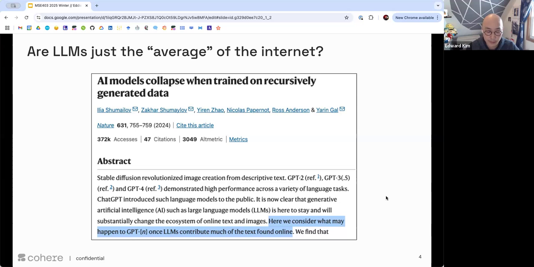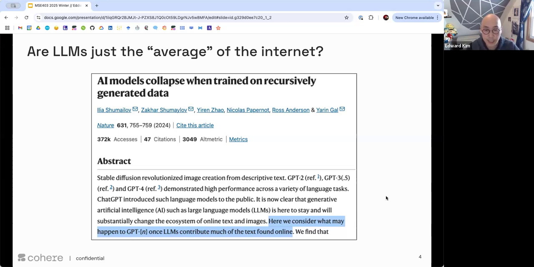There are many useful techniques that can be used to ensure that the synthetic data you're training on is actually improving the capability of a model. It's not as though you're naively just sampling from a model and then training it on itself.